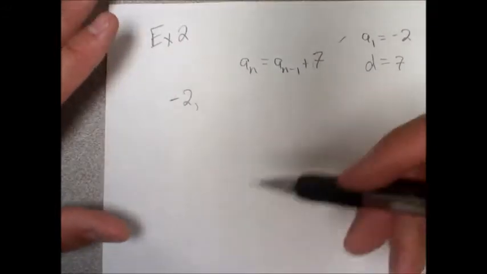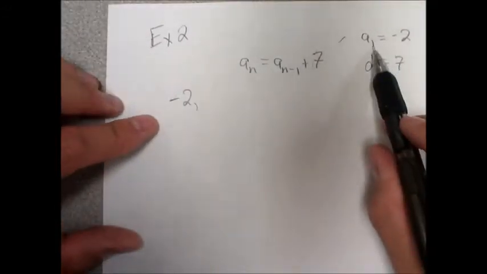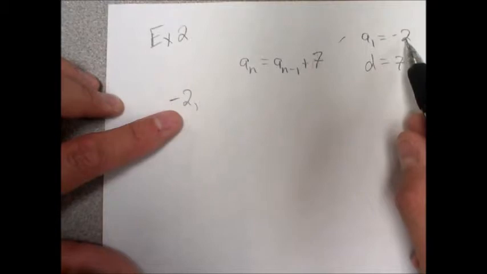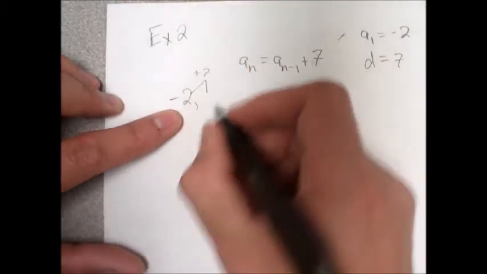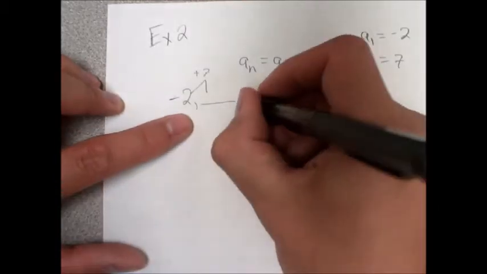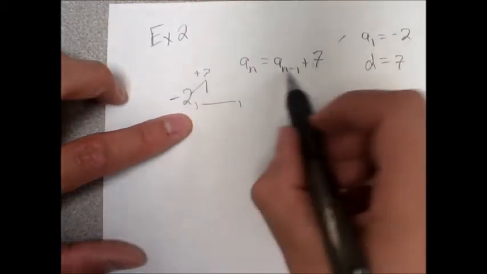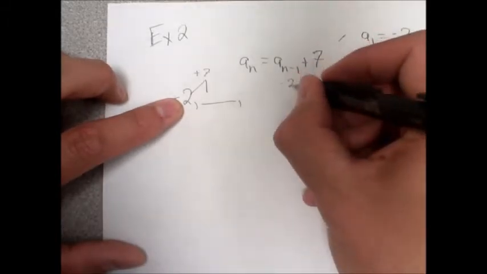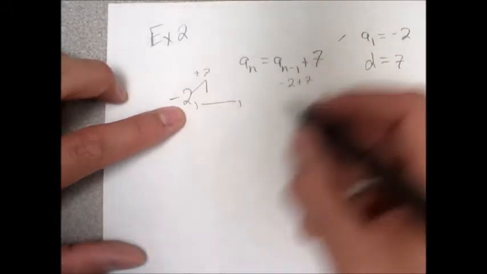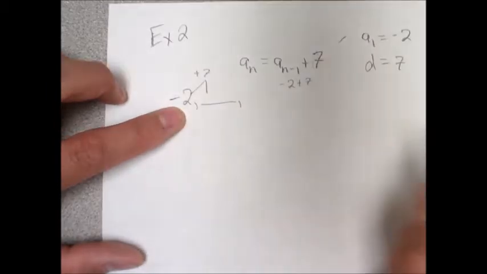So the easiest way to do this, if they tell us what term it is, we can simply do what to it? If the common difference is positive 7, what can I do to find my next term? I just add 7, right? So to find my next term, I plug in its previous term, which would be negative 2 plus 7. So that gives me what? 5. Positive 5, right?